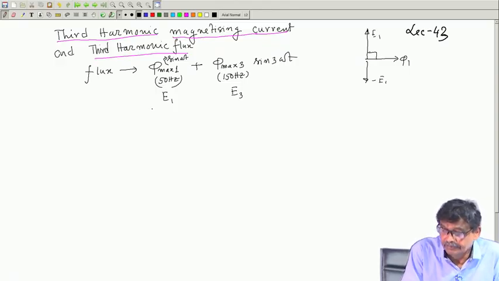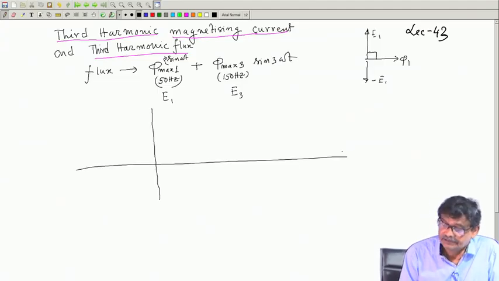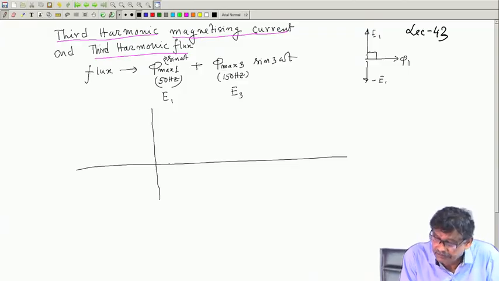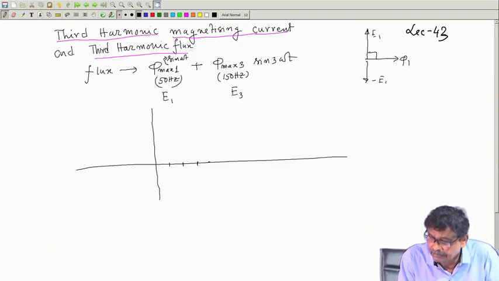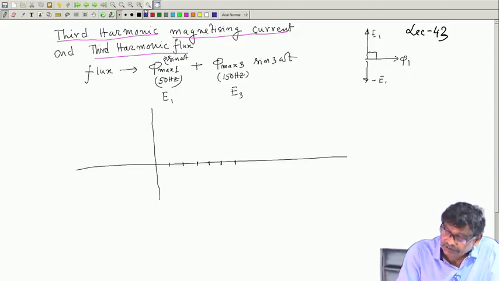Suppose I divide the axis into 60 degree, 180, then another 180. Let us see, suppose I sketch the fundamental flux.